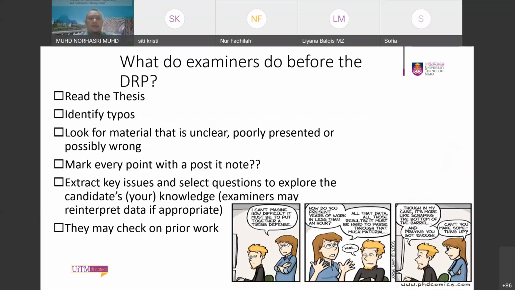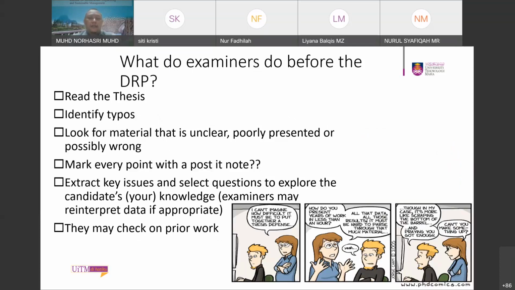Right. So next we move on to what the examiners or the panels are expecting from you. The role of examiners or panels, the first one, is to read your thesis.